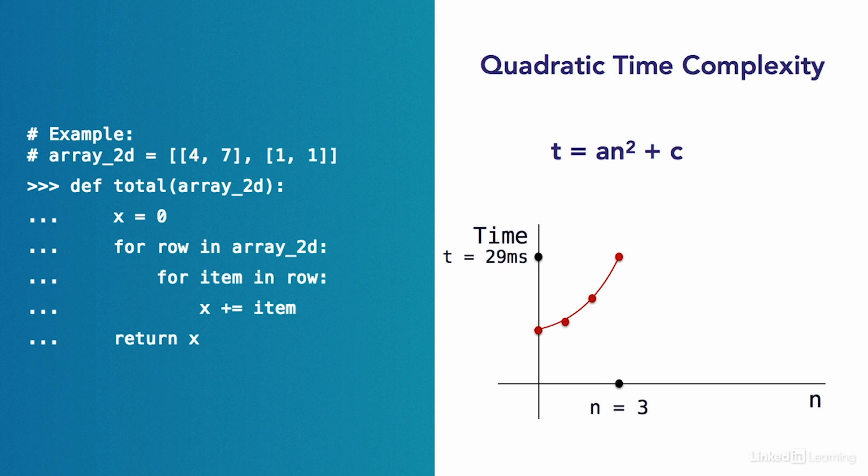And this is a quadratic function, so this function has quadratic time complexity. Using big O notation, how can we express the fact that it has quadratic time complexity? We first need to find the fastest growing term in t, which is an squared. When we remove the coefficient a from this term, we get n squared. Putting n squared in big O, we get t equals big O of n squared.